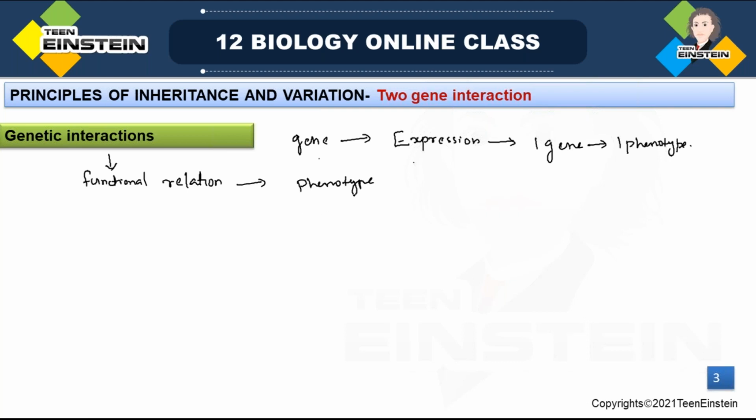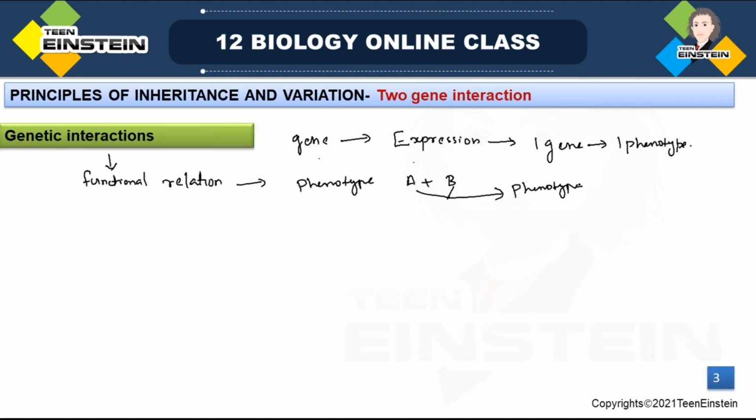Gene A and gene B both will work together and form a phenotype. That kind of interaction between genes is what we are going to learn today, a functional relationship between genes.